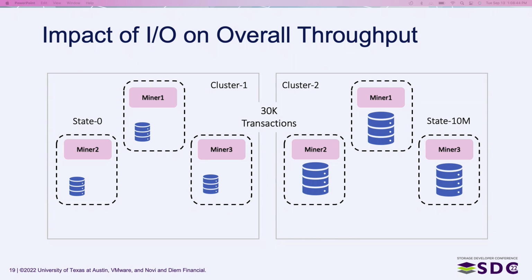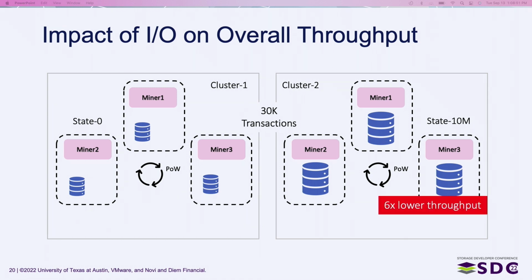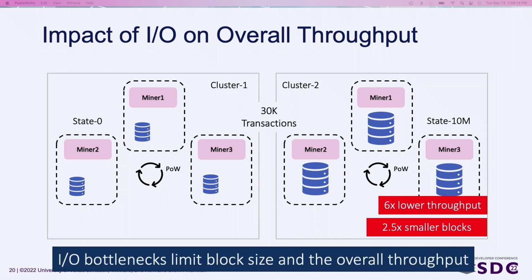Despite using the same unmodified proof of work consensus across both clusters, the second cluster has 6 times lower throughput and releases blocks that are 2.5 times smaller than the first cluster. We measure that miners in the second cluster spend about 60% of the time performing I/O. Therefore, with this experiment, we clearly established that it is the I/O bottlenecks that limit the number of transactions per block and thereby limit the overall throughput in public blockchains.